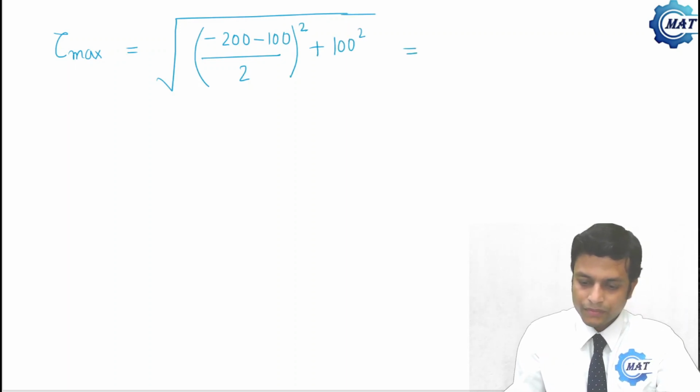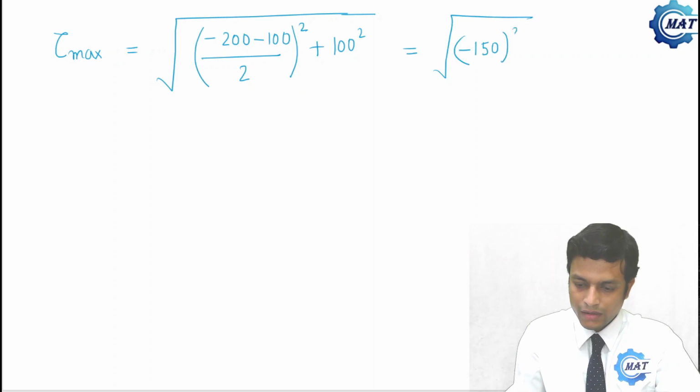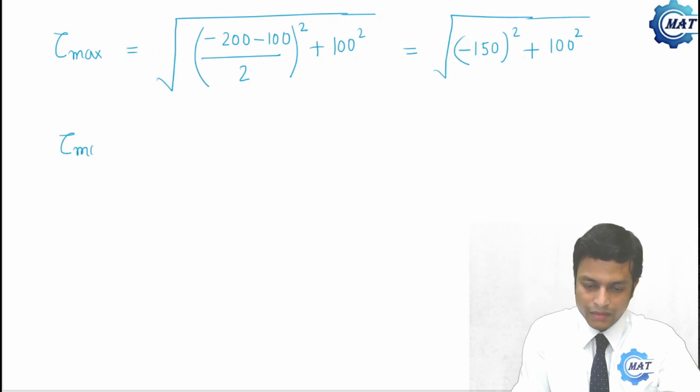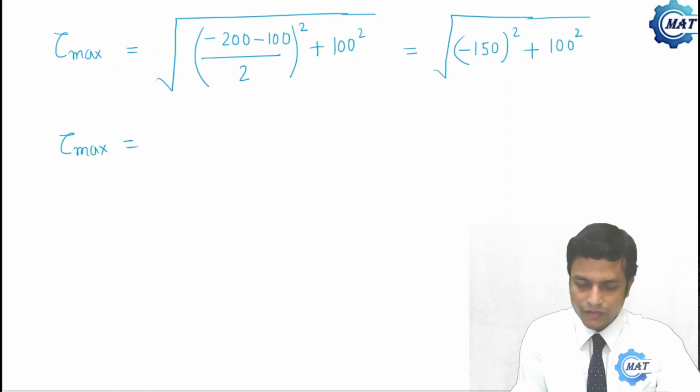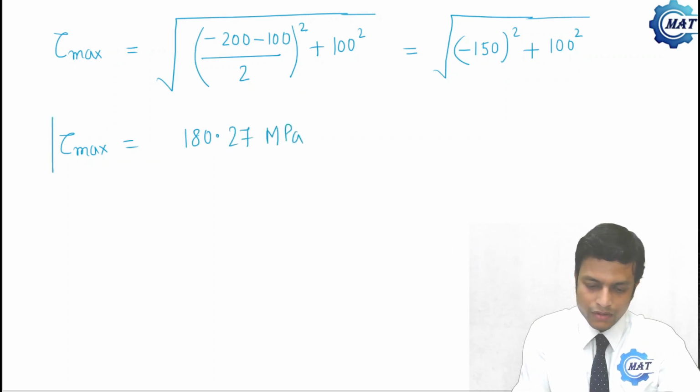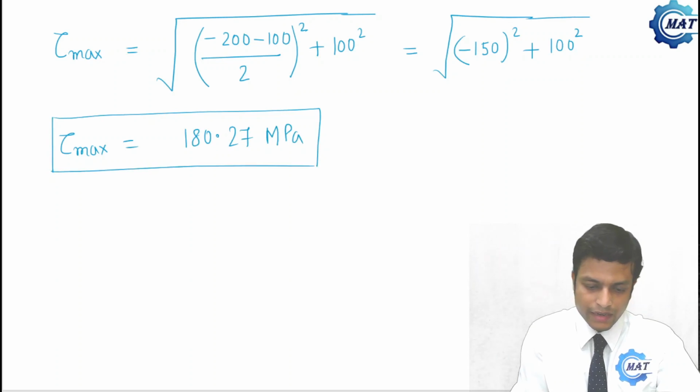That is root over minus 150 square plus 100 square. So tau max becomes, from this you will get 180.27 MPa. So this is the answer to the problem, 180.27.